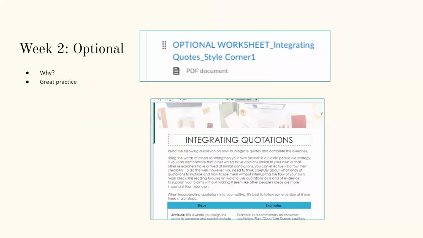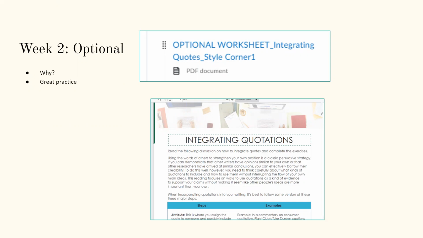Assignments in week 2. Just like last week, this week you have several stories to read and understand. You also have another optional worksheet titled Integrating Quote Style Corner. Why should you complete an optional assignment? Because maybe you know nothing about integrating quotations.